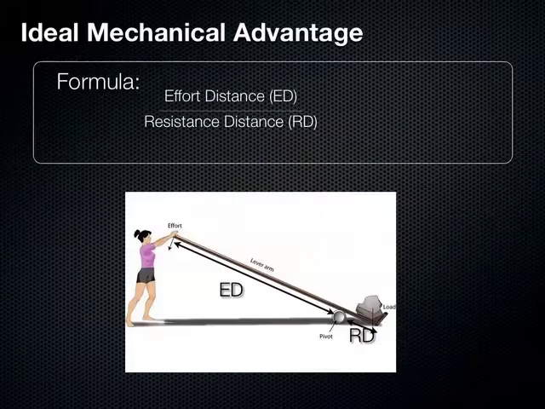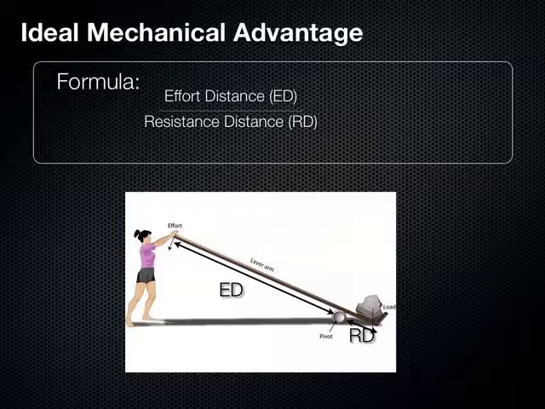Now, before we move on, there's always a trade-off. A simple machine doesn't allow you to do less work. For me to lift this water bottle, I do the same amount of work whether I'm just lifting it straight or using this lever.